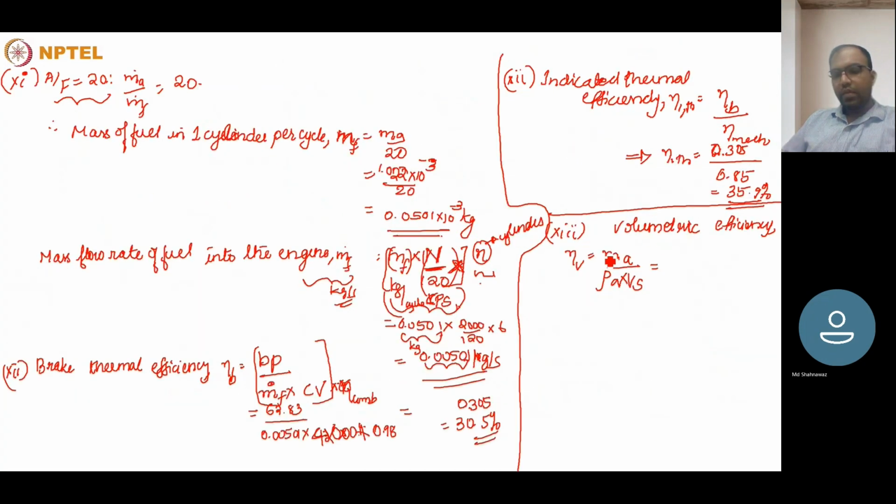So the mass of air per cylinder per cycle is given as 1.002 into 10 power minus 3 divided by 1.181 into the stroke volume.